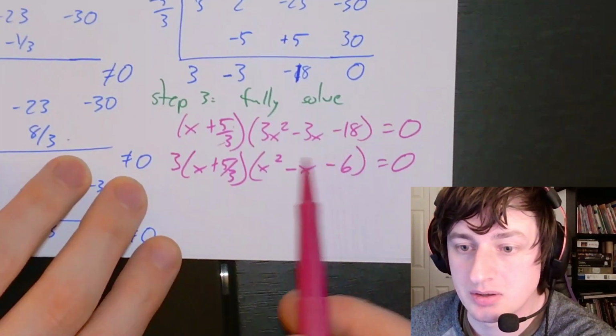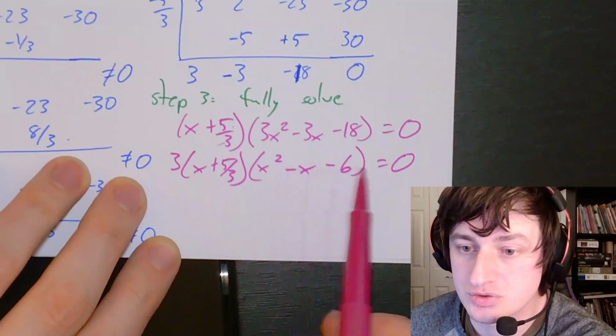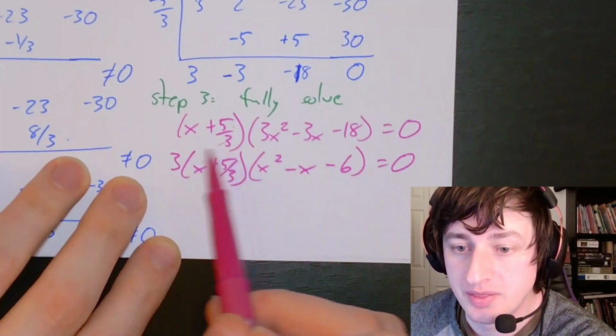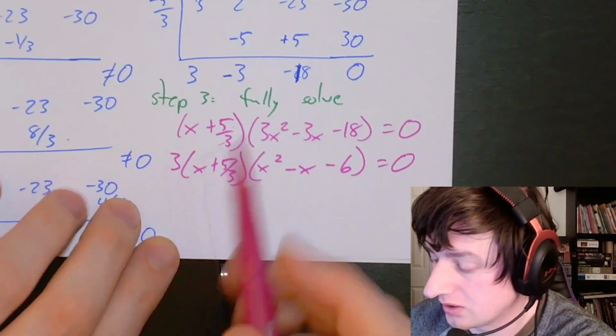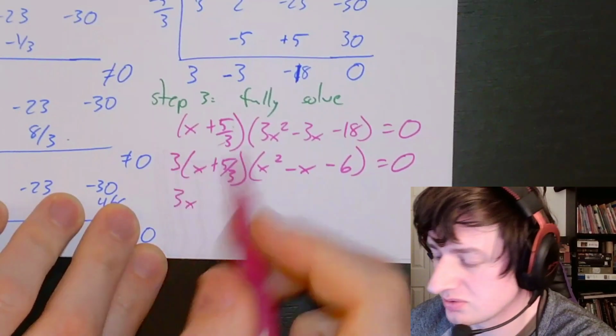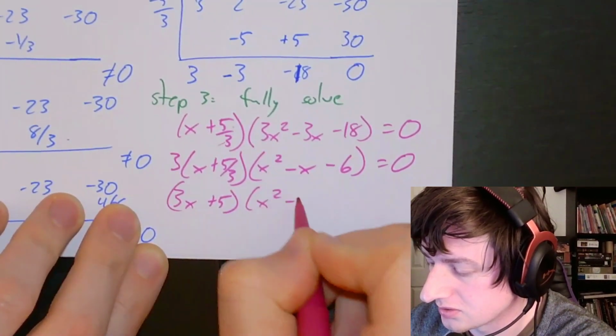A couple things are going to happen. This is an easier quadratic to factor. It's just smaller numbers, it's easier. This, when we multiply, we get 3x. 5/3 times 3 is 5. And so we get this.